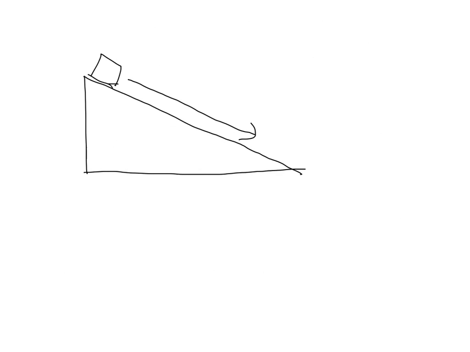You could say that the block starts out with an initial velocity vi and ends up with a final velocity vf. You can say that the initial height of the ramp is h initial, and the final height of the ramp is h final.